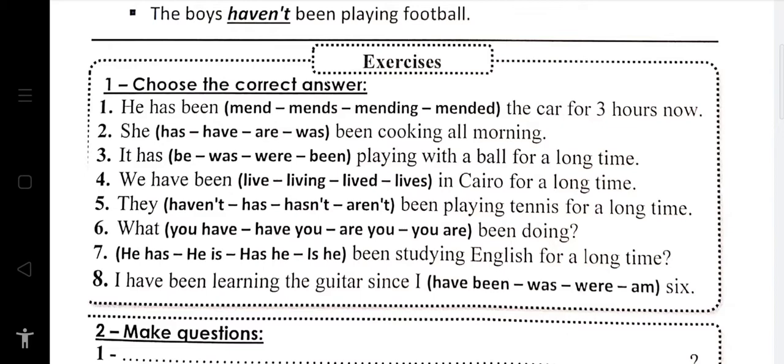What have you been doing? Number seven, he has, he is, has he, is he been studying English for a long time? Put in your mind that this is a question, so we have to begin with the helping verb. So we have to say, has he been studying English for a long time?